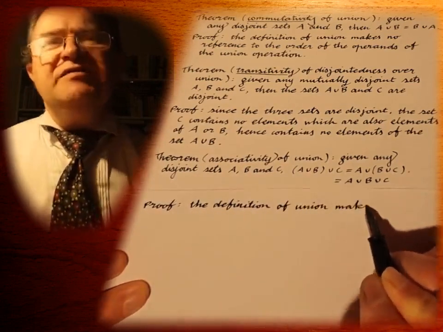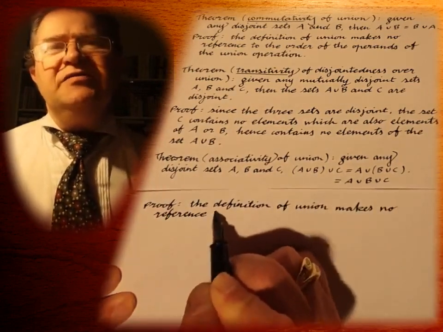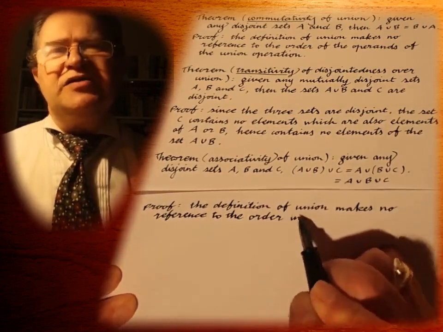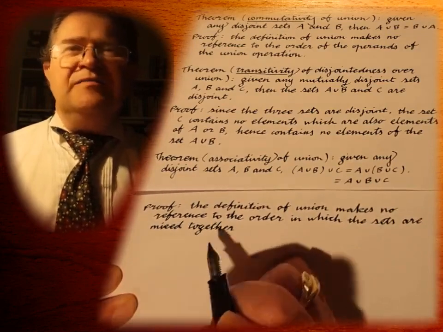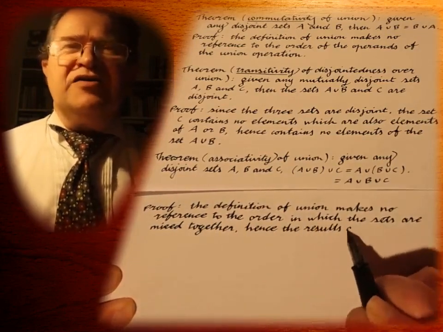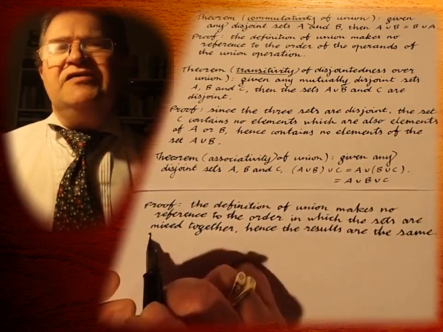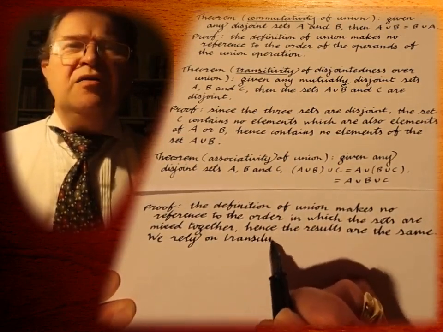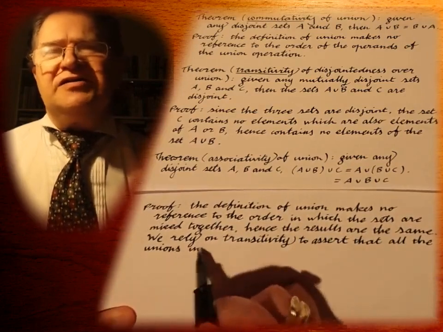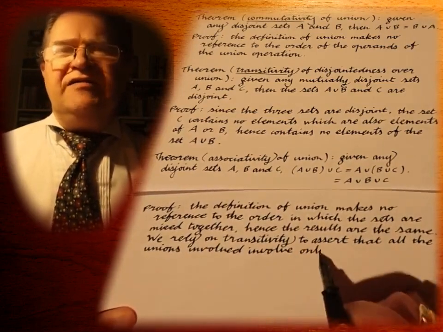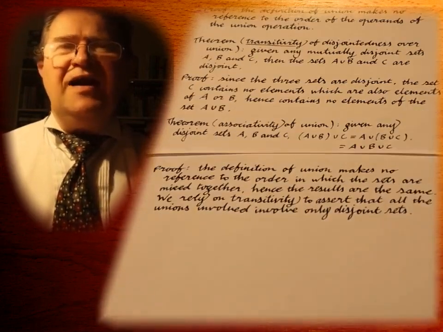And the proof of this theorem is that, once again, the definition of union makes no reference to the order in which the sets are mixed together. Hence the results are the same either way. And note that we rely on the transitivity of disjointedness over union to assert that all the unions involved in this theorem involve disjoint sets, as is needed for the various definitions to apply.